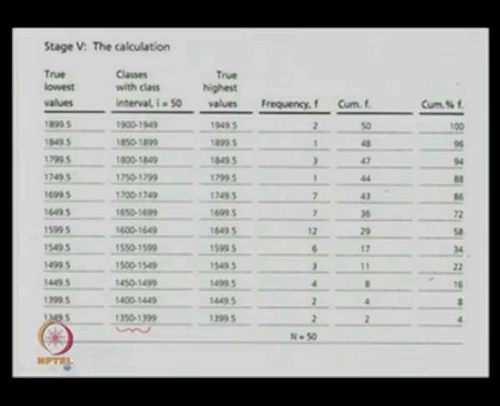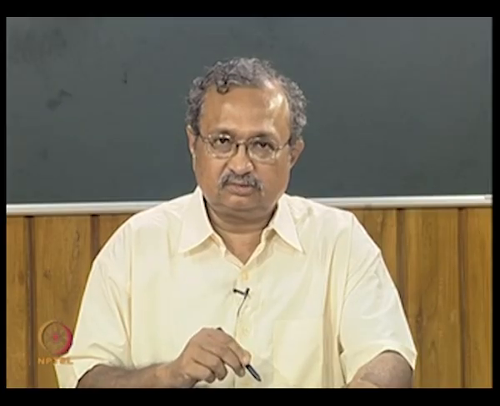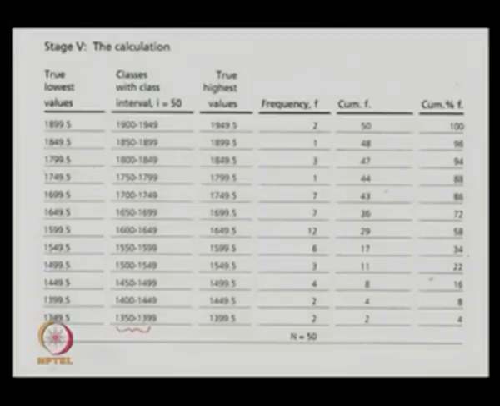Now, the calculation. First, I will discuss this table and then we will go for its description. This is the original class, minus 0.5 plus 0.5, this is a true lower value, this is a true higher value, this is the original frequency as we have seen earlier, in this class 2, 2, 4 like this way.